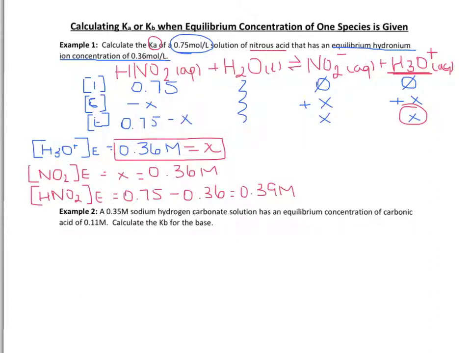Once you have all of the equilibrium concentrations, you can now answer the question by solving for Ka. Of course, write out what your Ka expression would look like first, which is products over reactants raised to the power of their coefficients, not including liquids and solids, so water will not be included here.